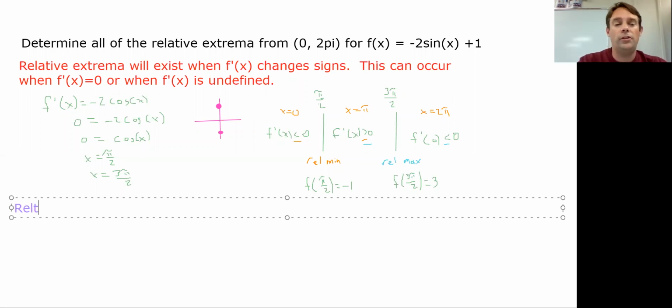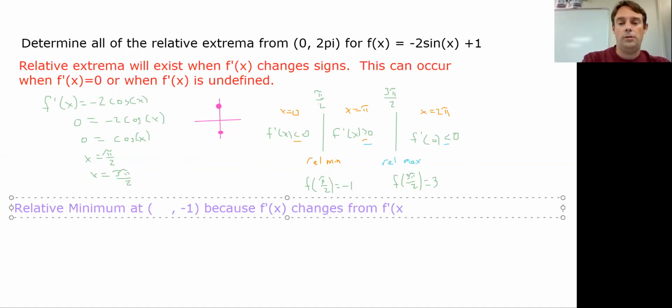So we have a relative minimum at pi over 2, negative 1, because f prime of x changes from less than 0 to greater than 0 at x equals pi over 2.